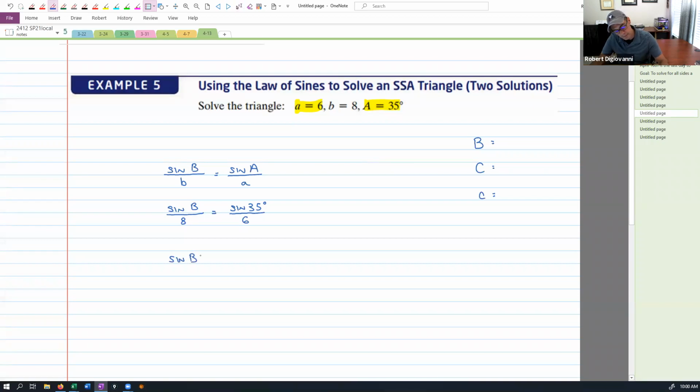Sine of B equals 8 times sine of 35 over 6. So now I get on my calculator. I do 8 times sine of 35 degrees. Divide that by 6. I'm getting that sine of B is 0.764 or something. I'm going to go to 0.765.